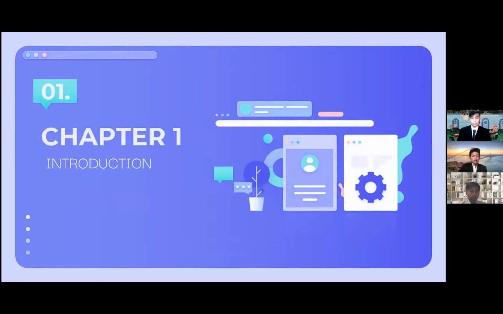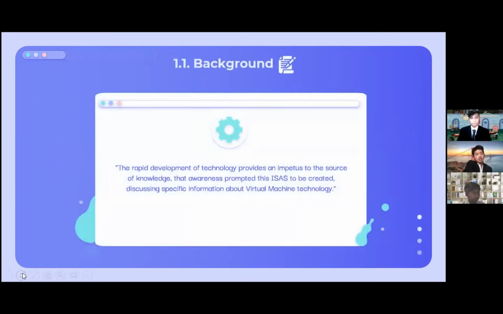In the next slide, we have the background of this ISAS. The development of technology provides an impetus to the search of knowledge. That awareness prompted this ISAS to be created, discussing specific information about virtual machine technology.